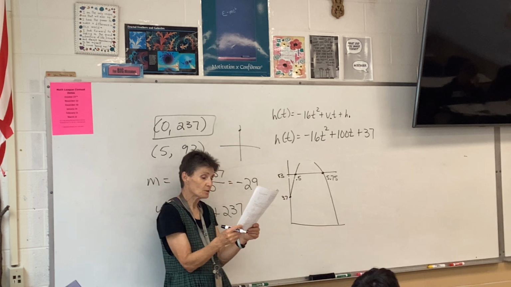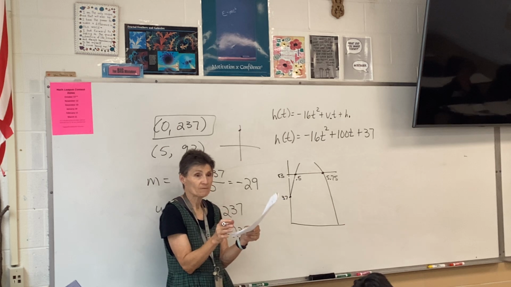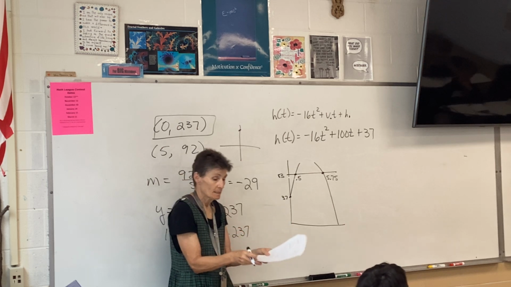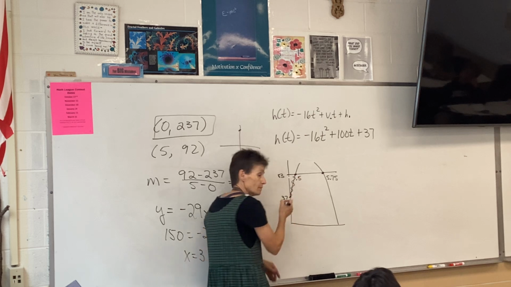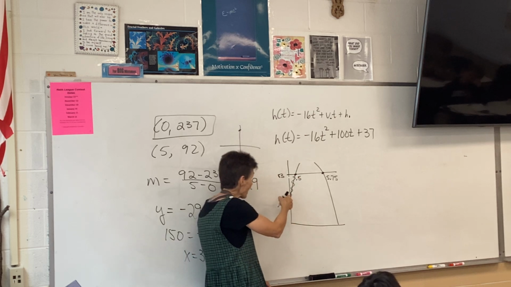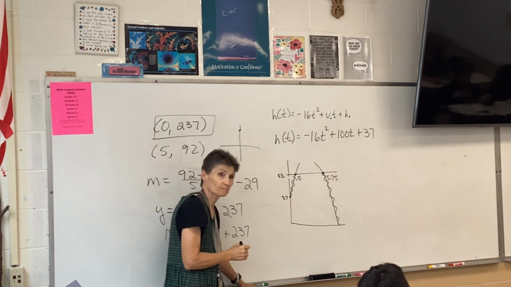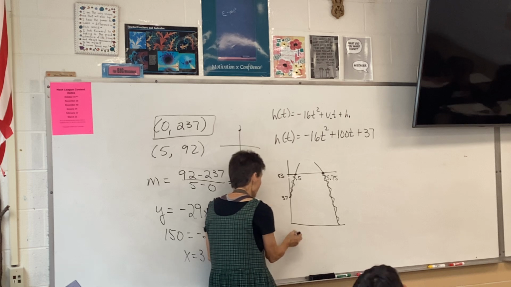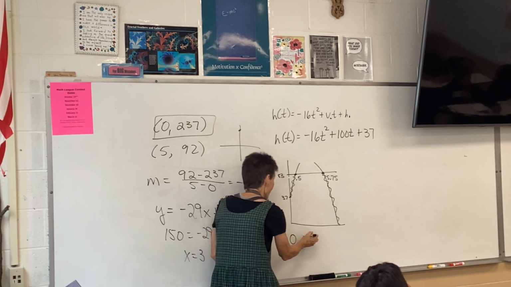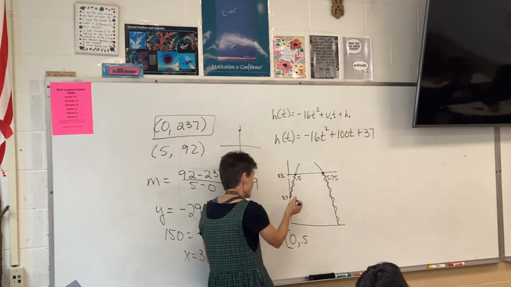When is the object less than 83 feet tall? That means when is it lower? So it would be that part of the parabola and this part of the parabola. So 0 to 0.5.